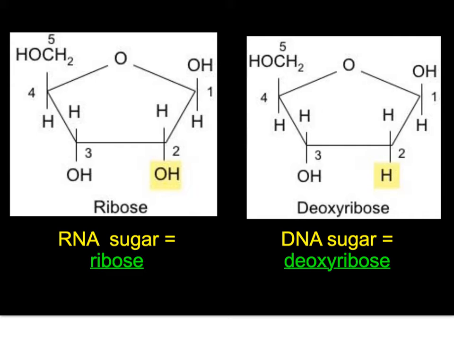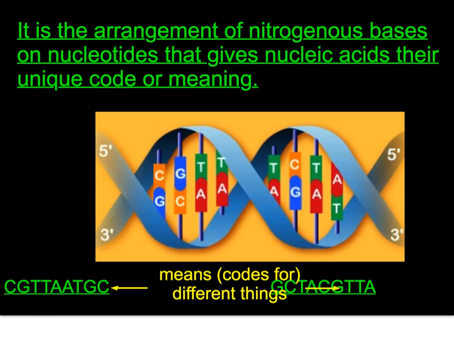It has been deoxygenated, hence deoxyribose. So a deoxyribose sugar is just a ribose sugar that has been deoxygenated right there. When you say deoxyribonucleic acid or ribonucleic acid, what you're saying is that it's a nucleic acid built from one of these 2 different types of sugars.